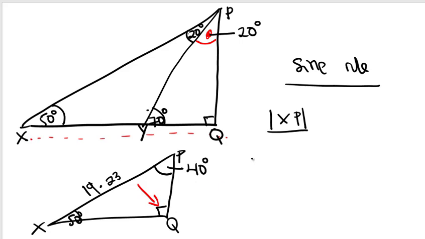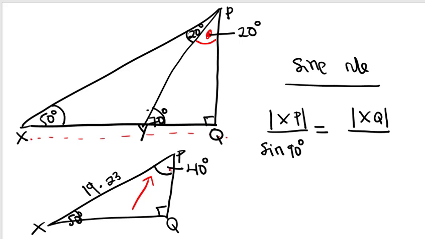So we are going to have sine 90 degrees, and this is equal to the side that we want to find, that is XQ. The length of XQ over the sine of the angle that is opposite to that. The angle opposite to XQ is this angle, and that is 40 degrees. So it is going to be sine 40 degrees.